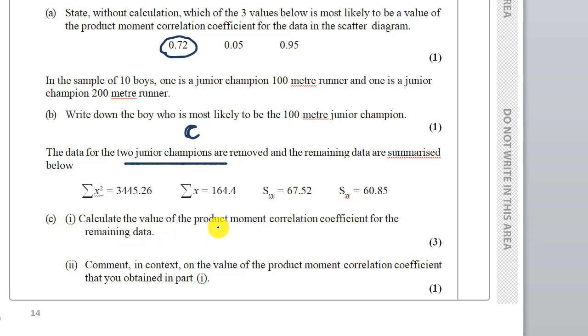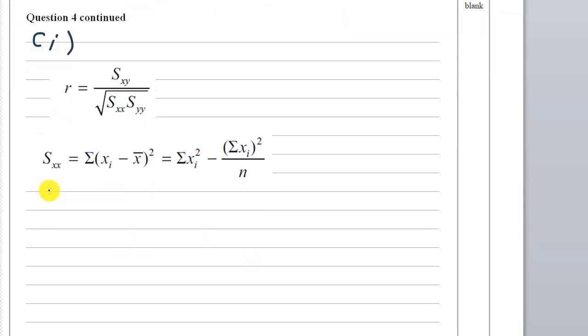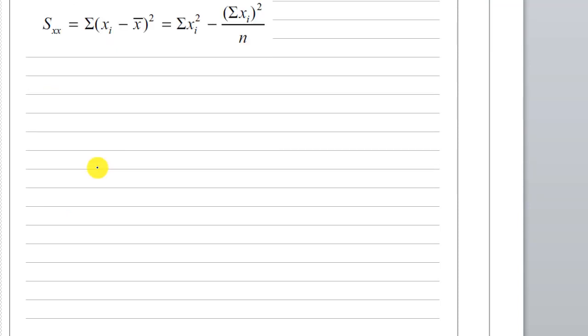Calculate the value of the product moment correlation coefficient for the remaining data. We need R. So R is equal to SXY, it's given, over the square root of SXX times SYY. SYY is given, but SXX is not given. So SXX is equal to this equation. Let us start to find this value.